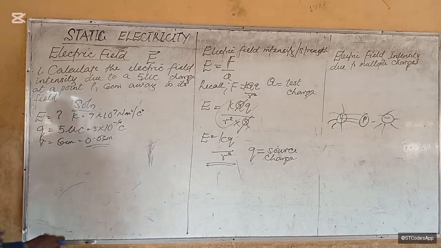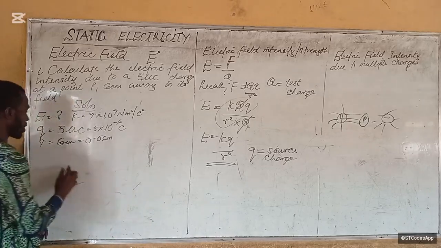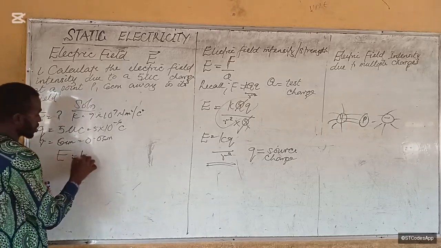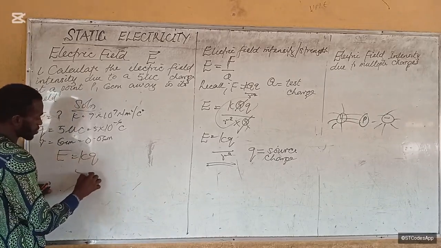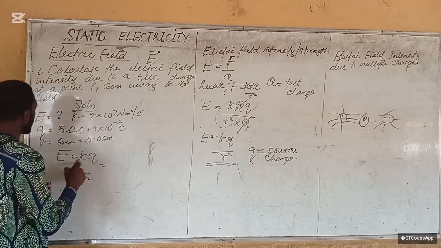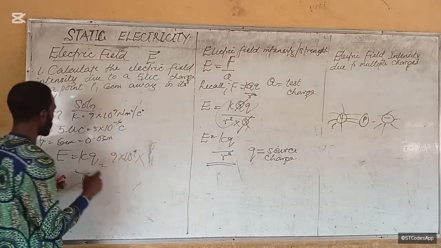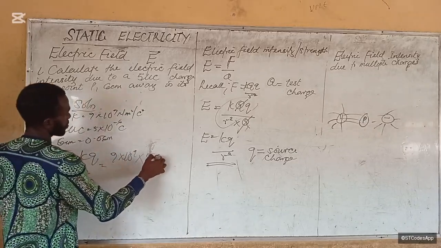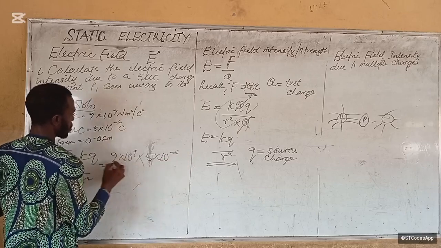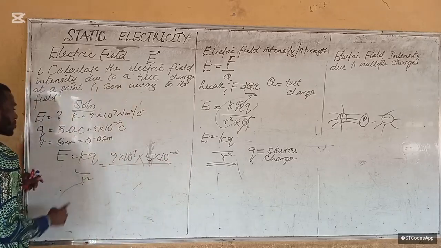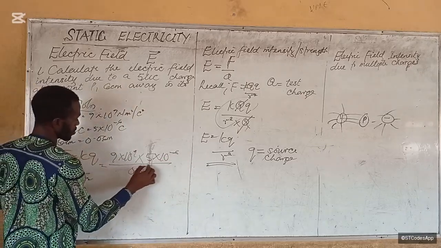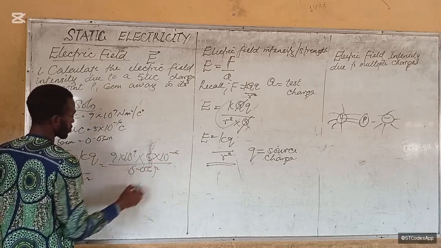So with this, we can now calculate using the formula. E is equal to KQ over R squared. This will become K, which is 9 times 10 to the power 9, times Q, which is 5 times 10 to the power minus 6, all over R, which is 0.06 squared.